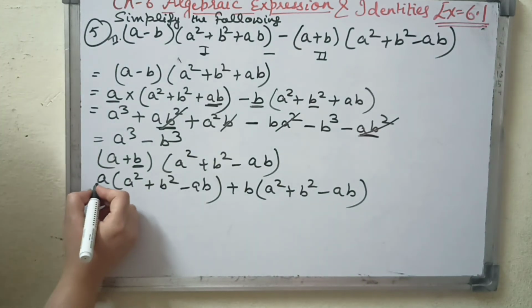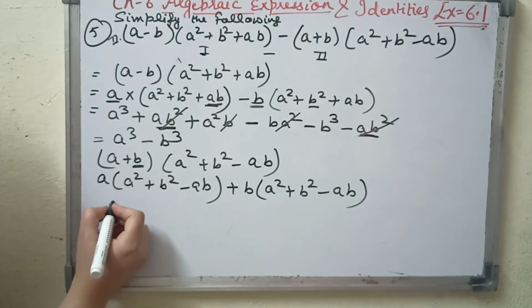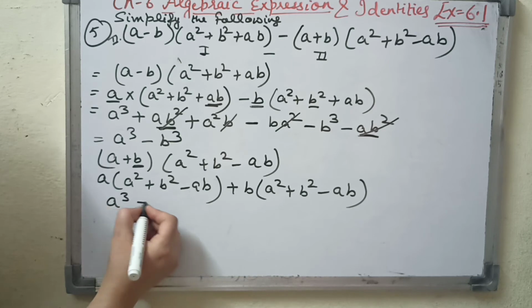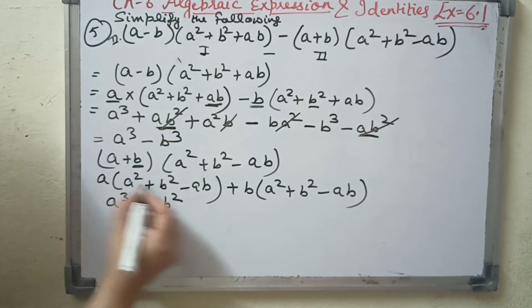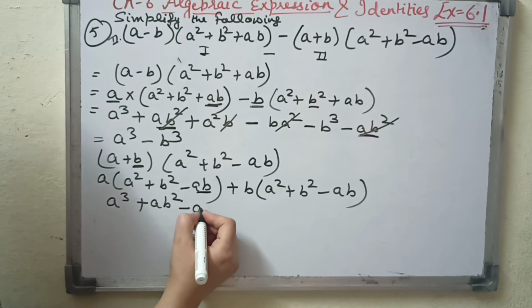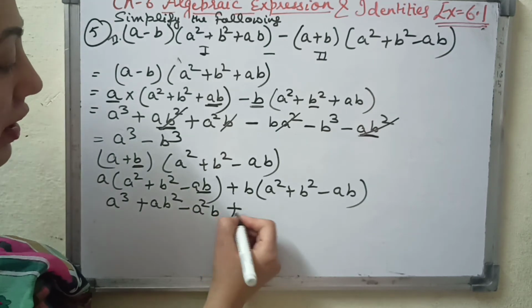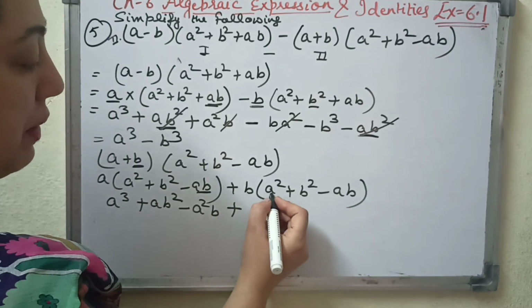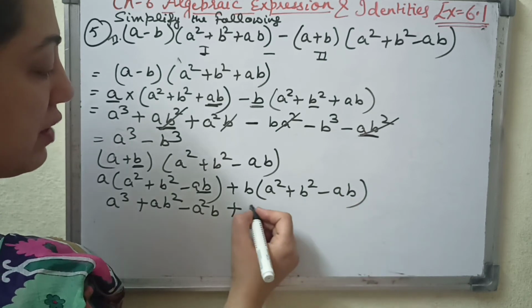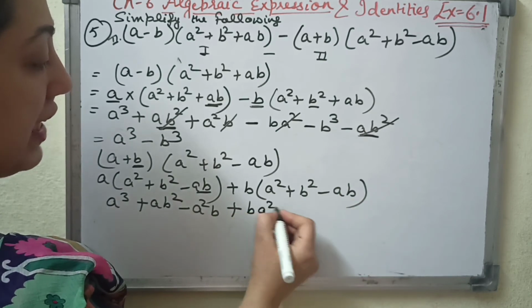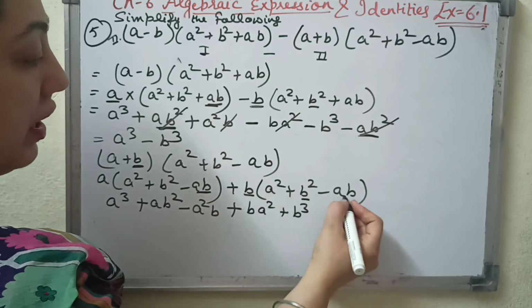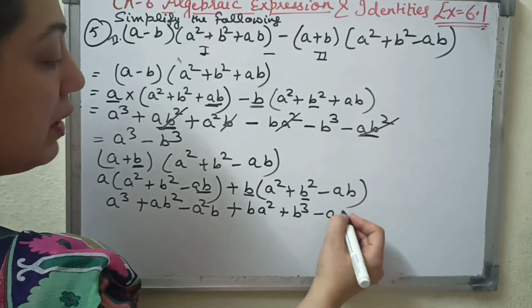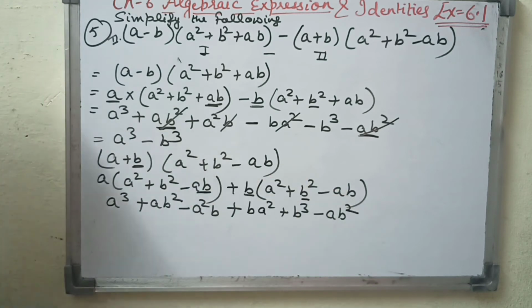Now multiply very carefully. A multiply with a square, it becomes a cube. A multiply with b square, it becomes ab square. A multiply with ab, it becomes minus a square b. Now, in the second bracket, b multiply with all terms of this bracket. So, it becomes b a square. B into b square, it becomes b cube. B into minus ab, it becomes minus ab square.